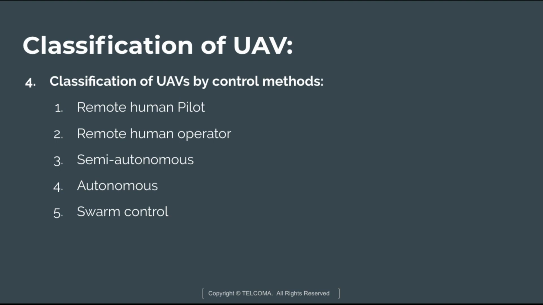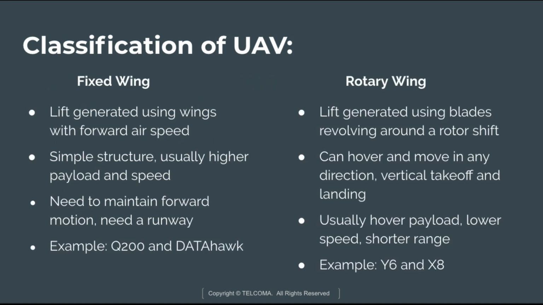Whereas in autonomous, it is automated operation after human initiation. So the human will initiate the mission, but the operation is automated. Whereas in swarm control, cooperative mission accomplishment via control among the vehicles is done. So these are the classifications of UAV by the control methods.